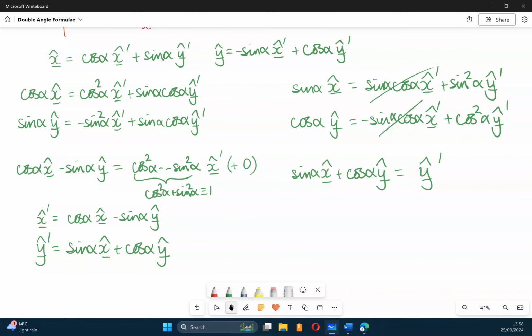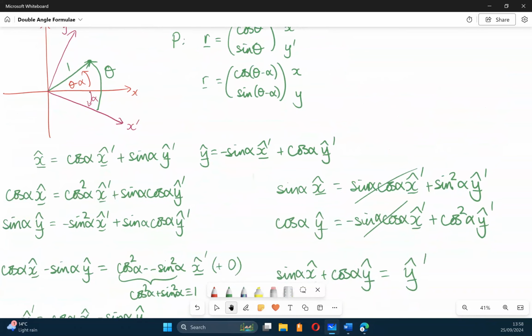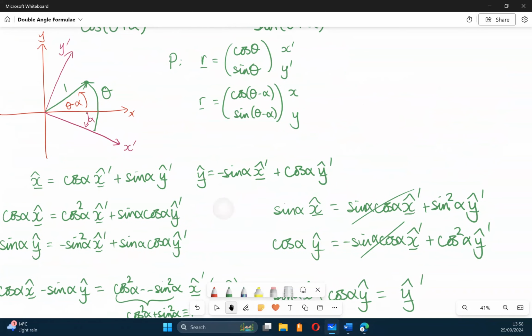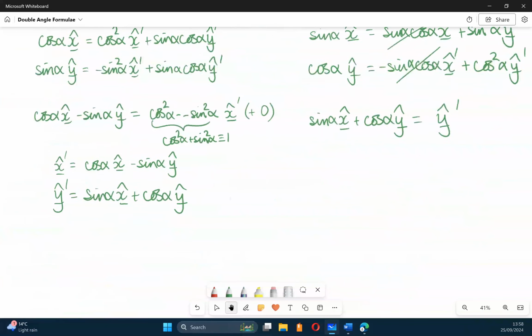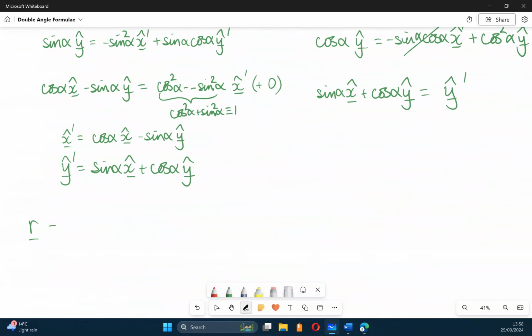And now all we have to do is substitute this into our expression for r. So in our new expression for r, it was cosine theta in terms of the x prime hat, and it was sine theta in terms of y prime hat.